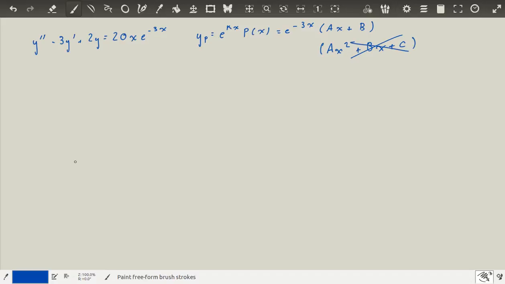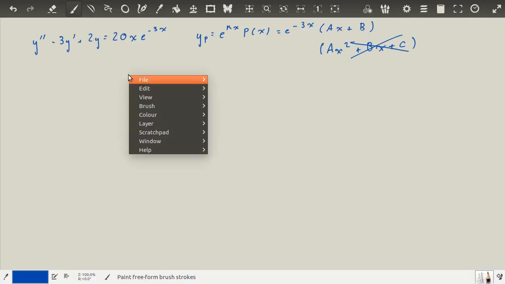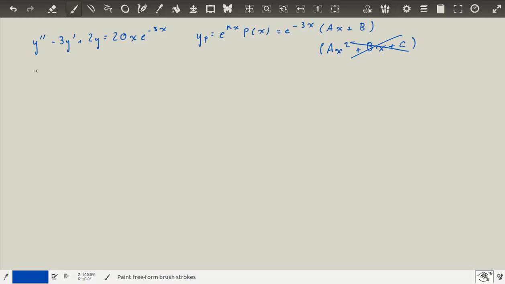So now we have to begin the tedious process of taking the derivative of this y particular. A little refresher for those of you who maybe aren't sure, let's just look at what the derivative of a product rule is.